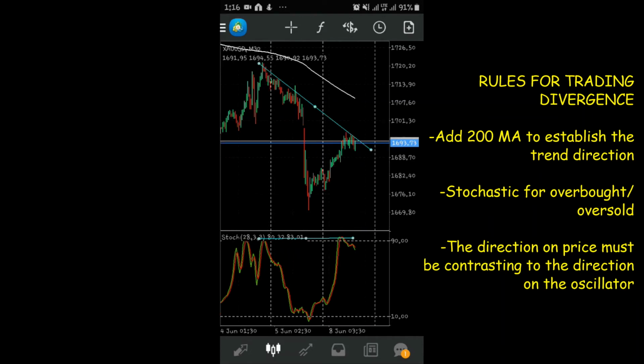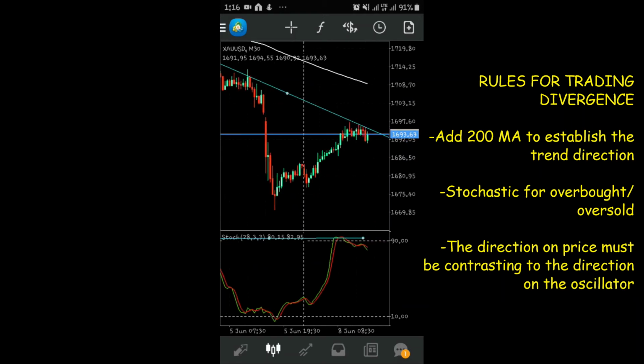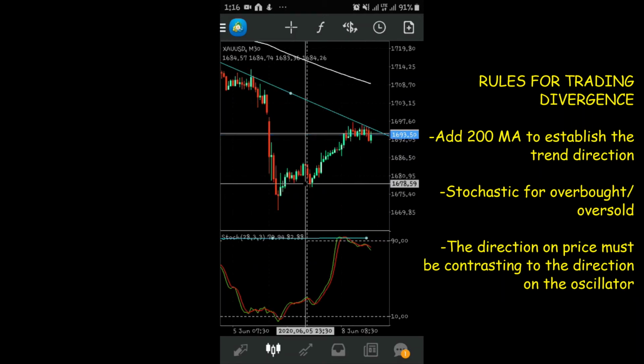Now the second question is, so if I'm entering this trade, how do I determine my take profit and my stop loss? I will simply zoom out and check previous point of confluence where I had many wicks. I'm going to go for 88.2.